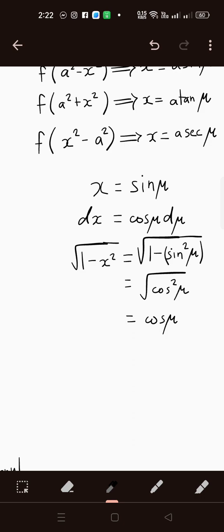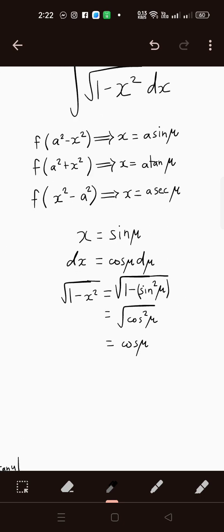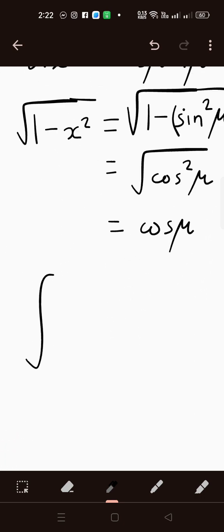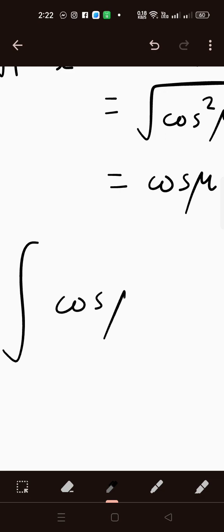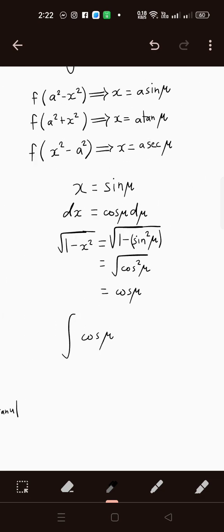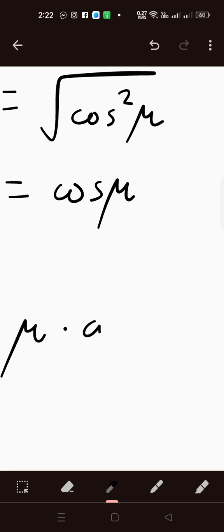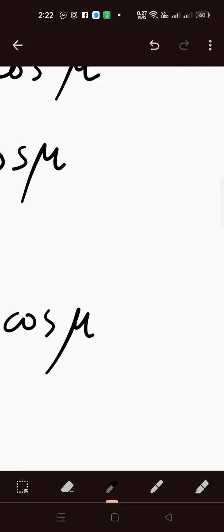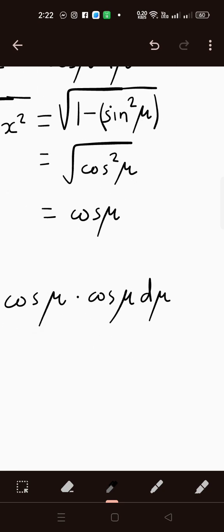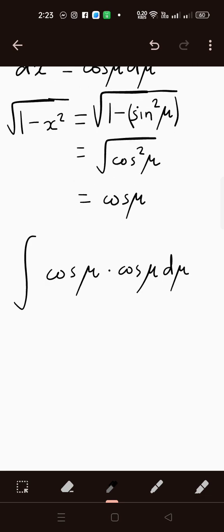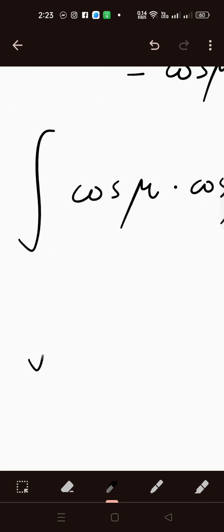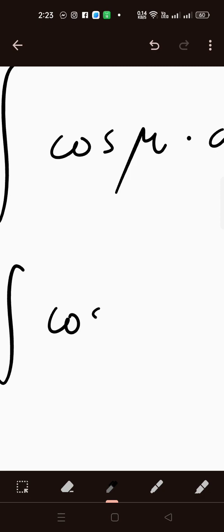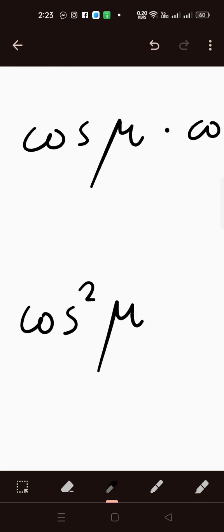And that's neat, because that's what we have left instead of the square root of 1 minus x squared. So cosine mu is arguably simpler, and my dx would be simply cosine mu d mu. And so this would become the integral of cosine squared of mu d mu.